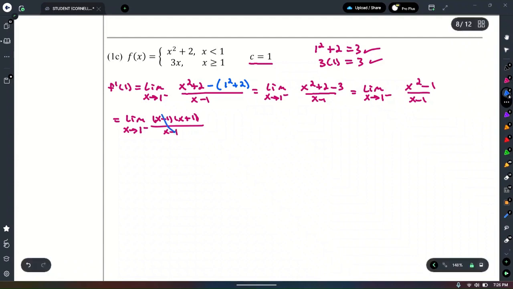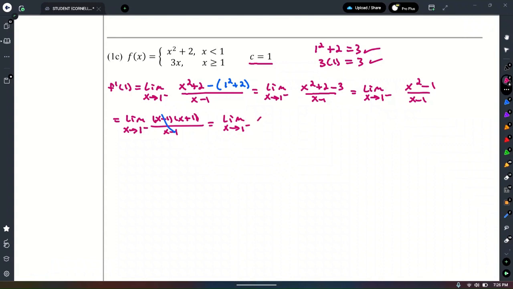My x minus 1's reduce, and we're left with the limit as x goes to 1 from the left of x plus 1. We substitute our value of 1 in for x. We're evaluating our limit, and this is 2.